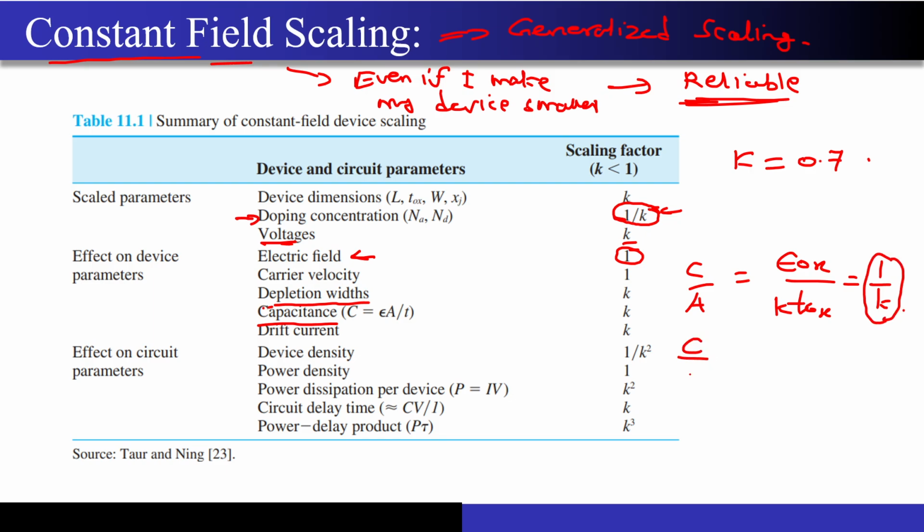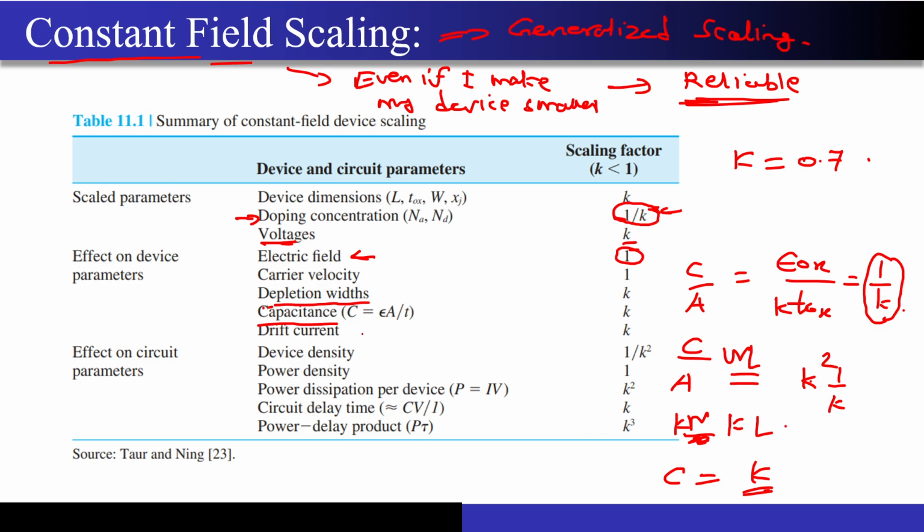But if I multiply this capacitance per unit area with the area, that is width into length, where width and length are both scaling by the factor k, you will get k square into 1 upon k. So that means total capacitance is actually being scaled by the factor k. That means it is decreasing.